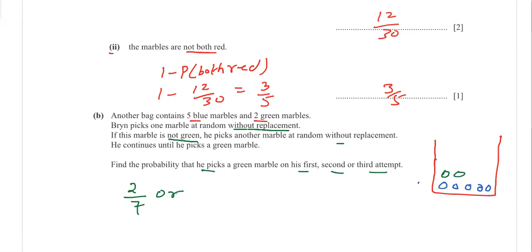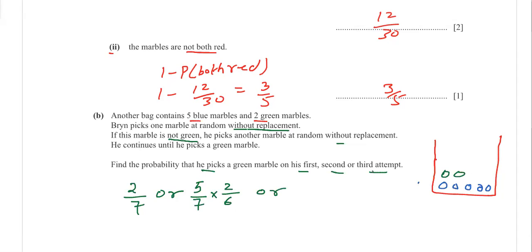Or maybe he is not able to get it in the first attempt. If in the first attempt he gets a blue, whose probability is 5 out of 7, and then gets a green in the second attempt, in that case it will be 2 over 6.